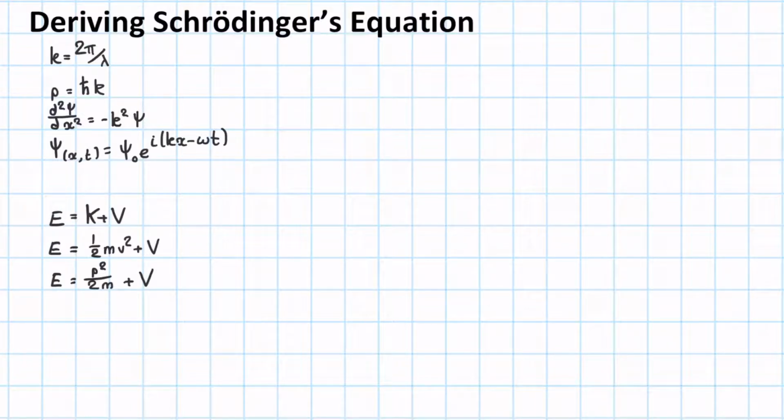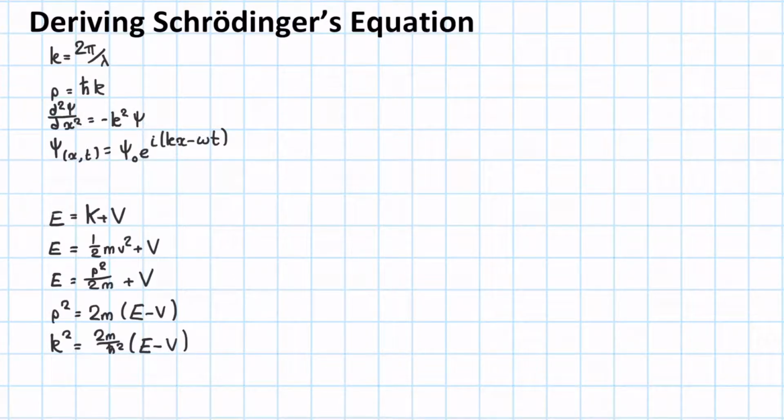So let's rearrange this in terms of p squared. P squared equals 2m times (E minus V). And now, because we know that p equals h bar times k, we can say that k squared is equal to 2m over h bar squared times (E minus V).